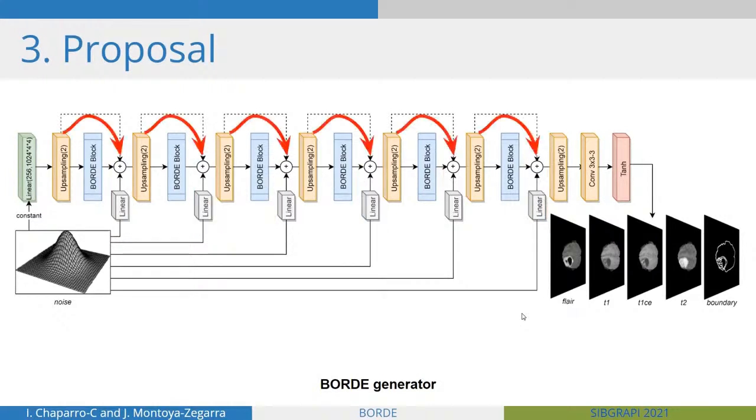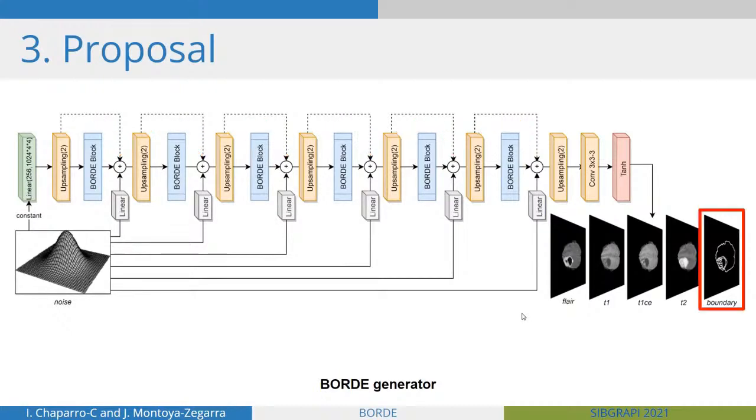In addition, residual connections are added to each stage to make the training more stable and to avoid gradient vanishing problems. Our generator is multitask, generating the images of different modalities and also an image of segmentation contours.